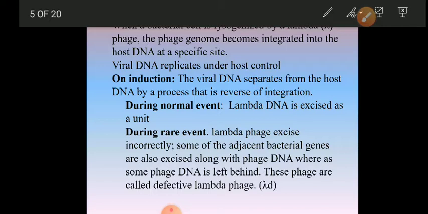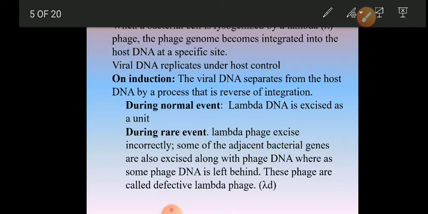That means the defective lambda phage will carry only the adjacent genes, right? For example, if the lambda DNA has come out in an improper way and is carrying the galactose gene, then it is called lambda DG, a lambda phage defective for the galactose locus, because it is carrying the galactose gene from E. coli.